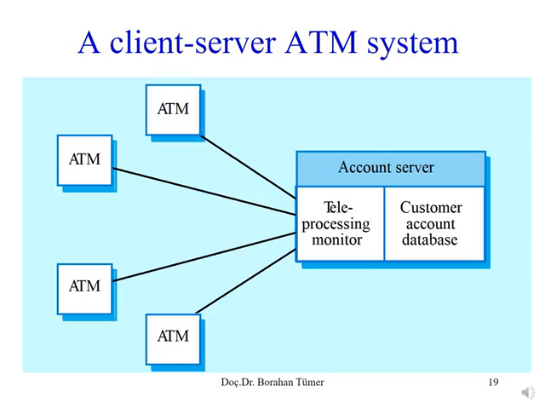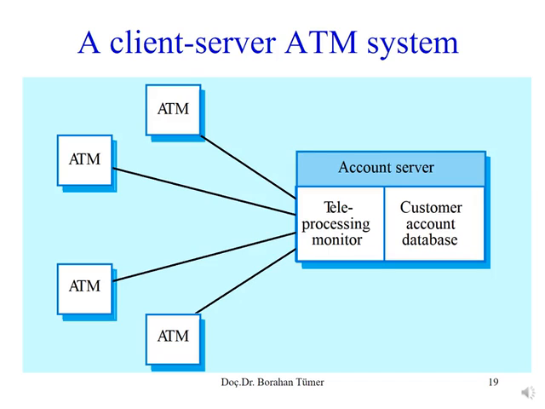Here you can see an ATM system as a typical example of client server systems. ATM machines hold the client software, and at the account server we have the teleprocessing monitor and the customer account database. As you see, the customer account database is not directly connected to the ATM machines.